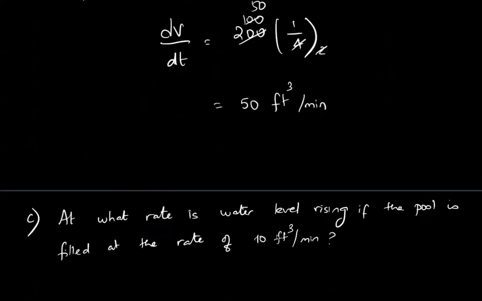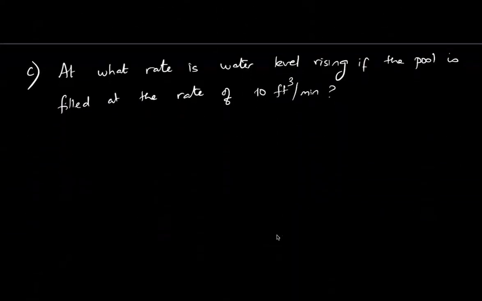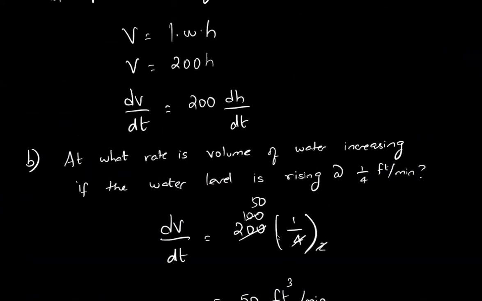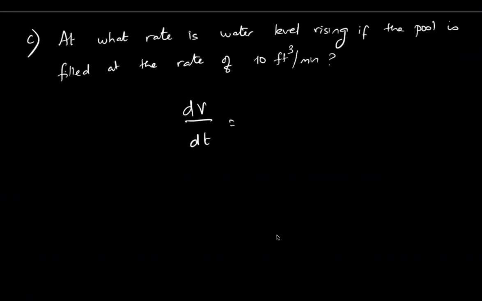Okay, next question. At what rate is the water level rising if the pool is filled at the rate of 10 cubic feet per minute? Okay. So now remember, we had this relationship between the rate of change of volume and the rate of change of height. Now in this instance, what is given is our dV/dt is given to be 10, right?